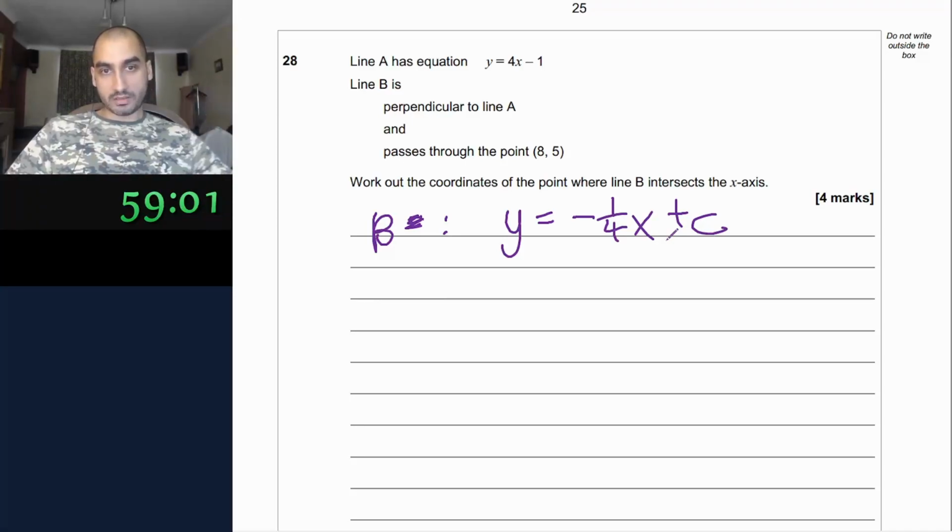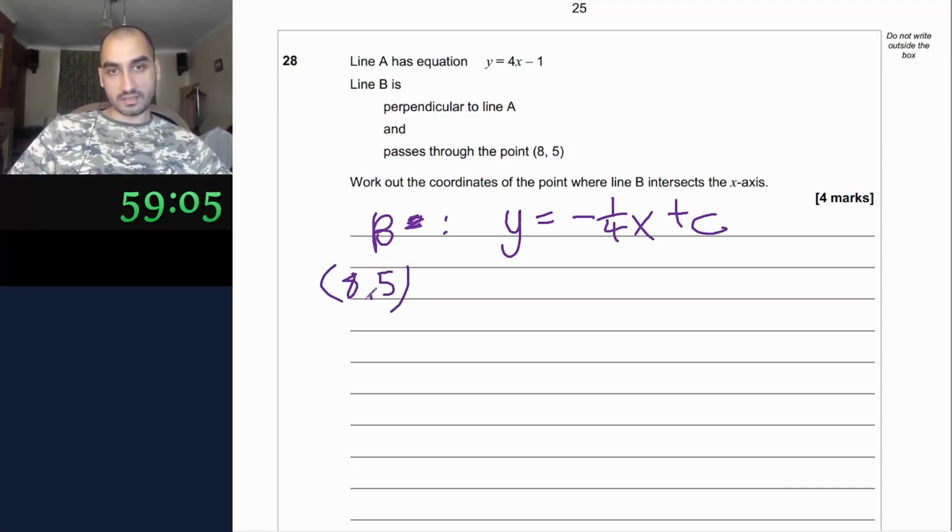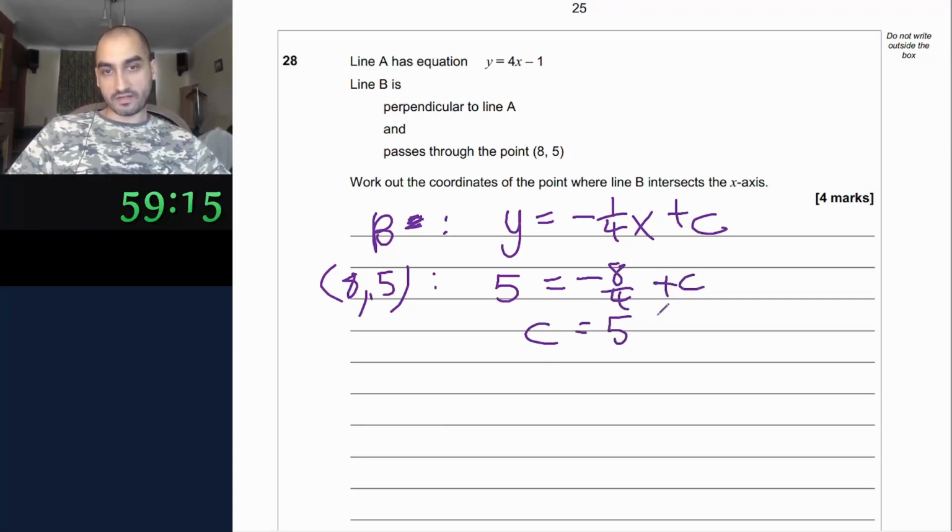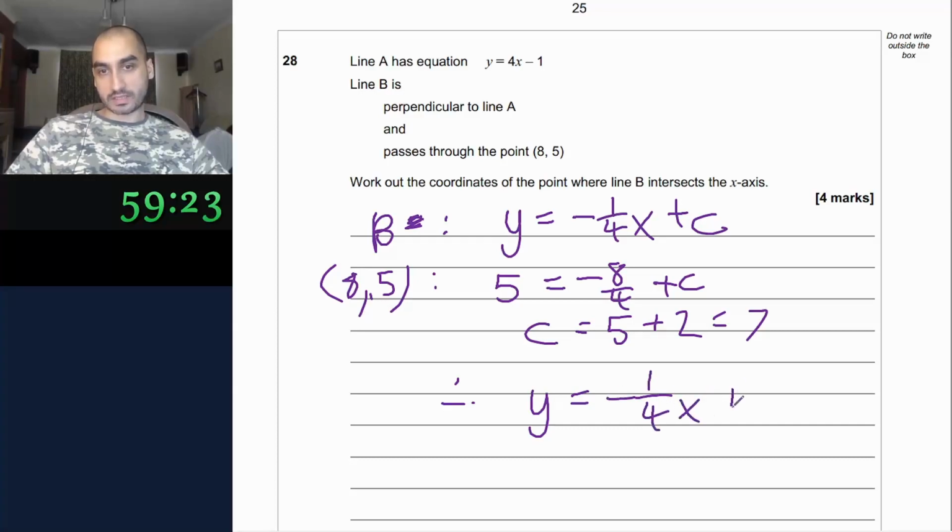Passes through the point 8, 5. So using the information of 8, 5, we say 5 equals minus 8 over 4 plus c. So c equals 5 plus 2 equals 7. So therefore y equals minus a quarter x plus 7.